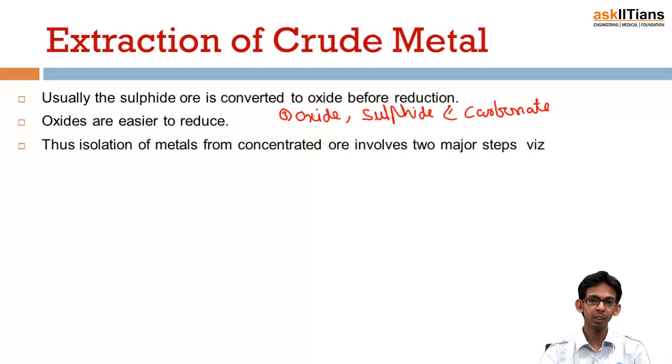And it has been observed that it is more beneficial, economical and easy to extract the metal from oxide ores as compared to sulfide and carbonate ores.